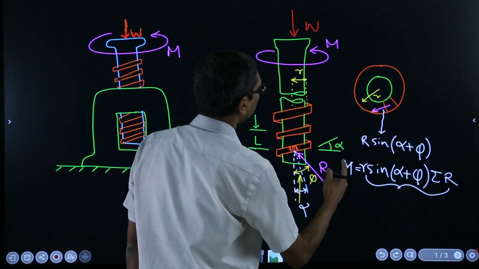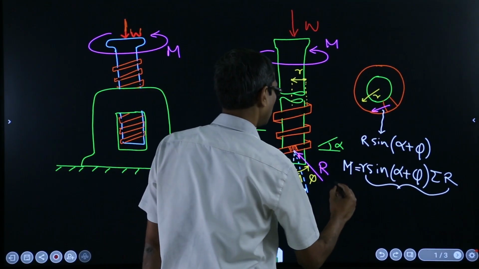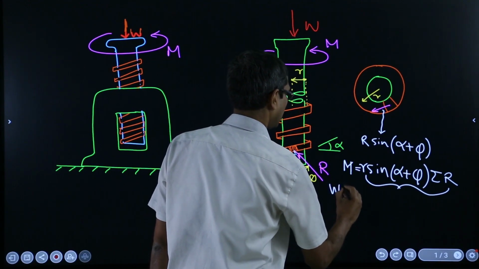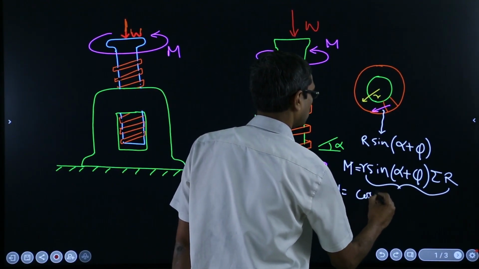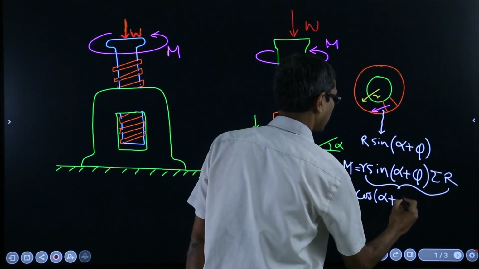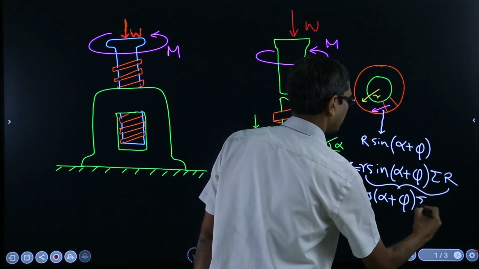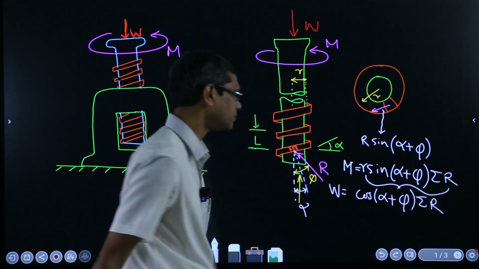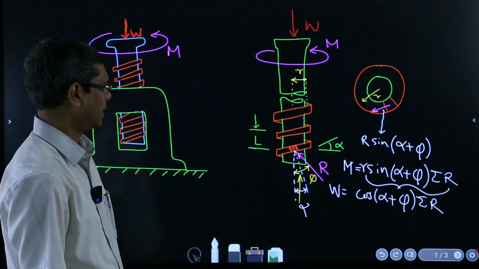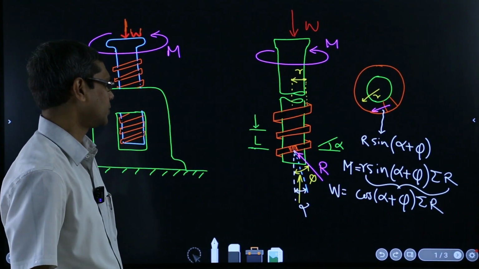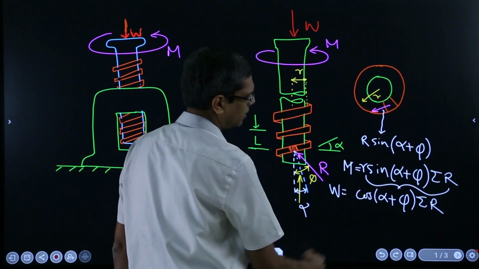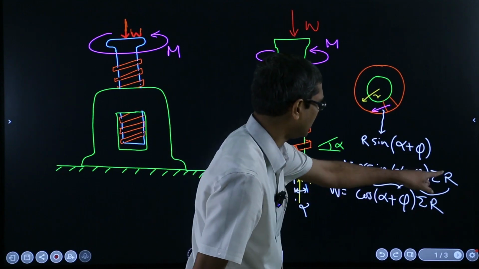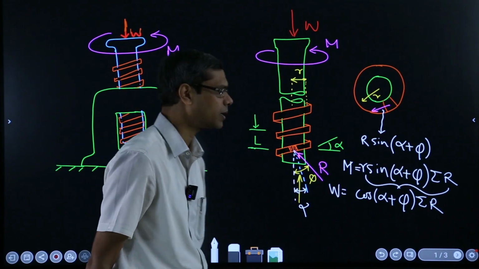And what about the W? The W will be cos of alpha plus phi and summation of R. Fine. So then we'll just eliminate this summation of R, the reaction force.